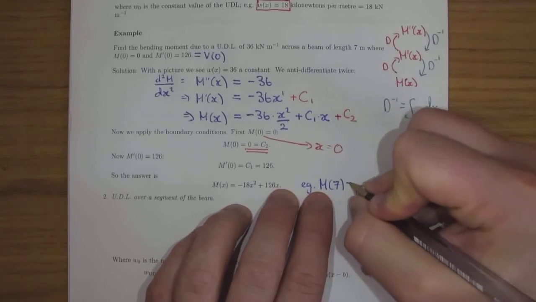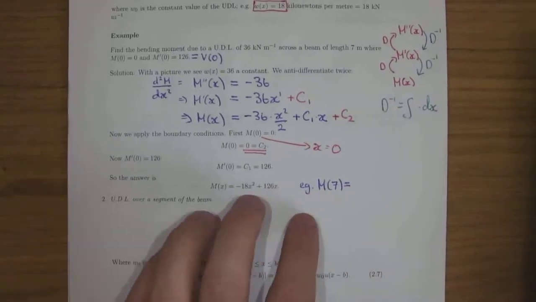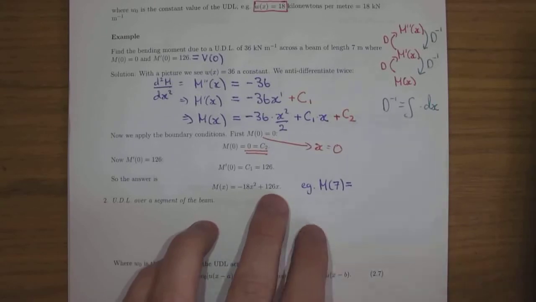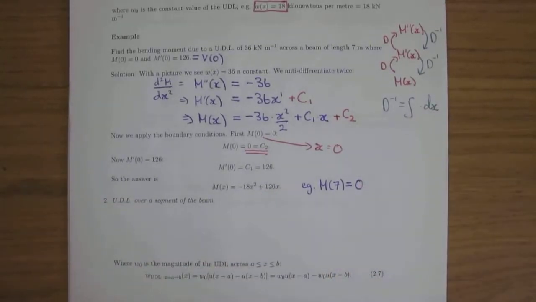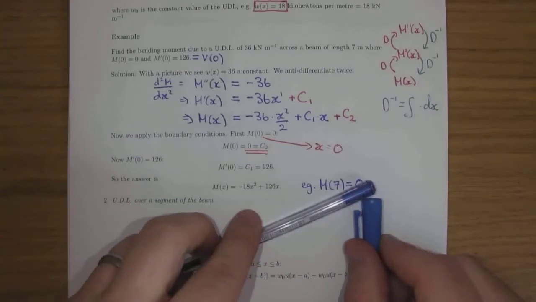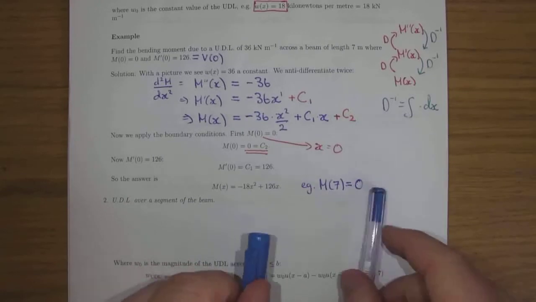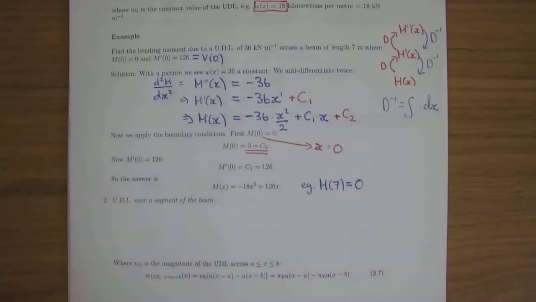So at the other end of the beam, what is the bending moment? I plug in 7 into that. So minus 18 times 7 squared plus 126 times 7, I get out 0. And what that means is that the beam is also simply supported on the right hand side. So it's simply supported on the left and simply supported on the right.